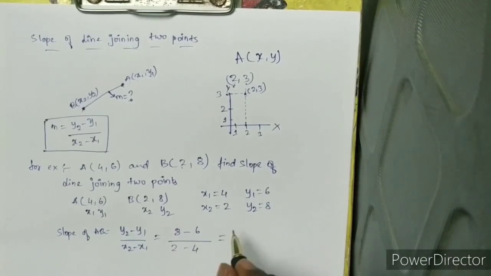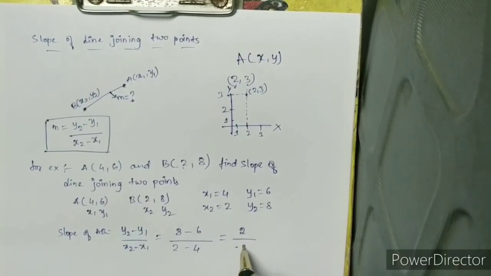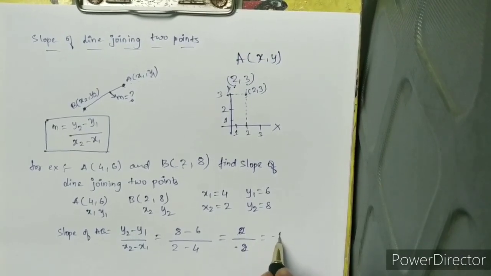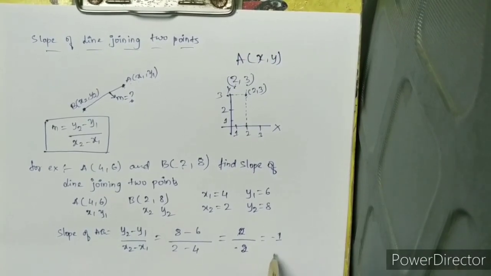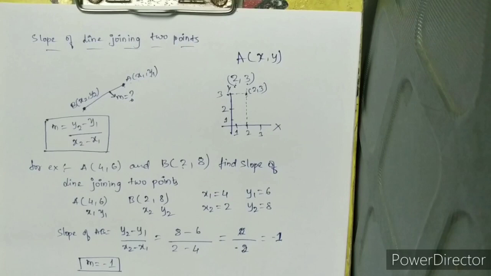That means 8 minus 6 is 2, 2 minus 4 is minus 2. So 2 and 2 get cancelled, so you get 1 by minus 1, which is nothing but minus 1. So the slope of AB is nothing but minus 1.